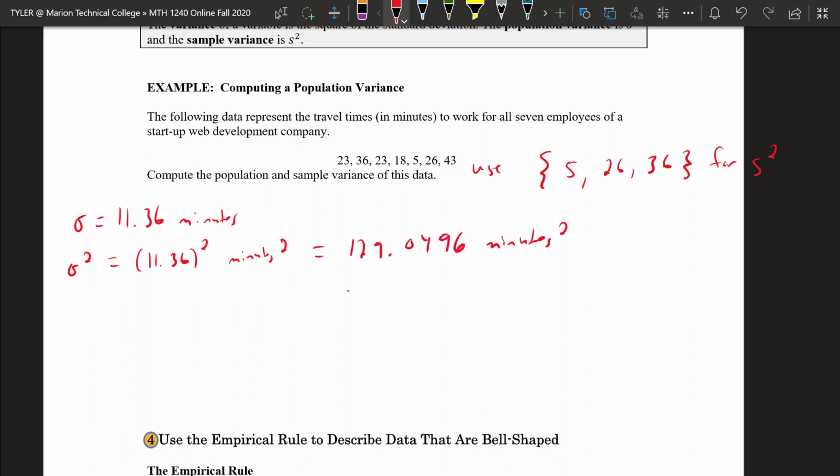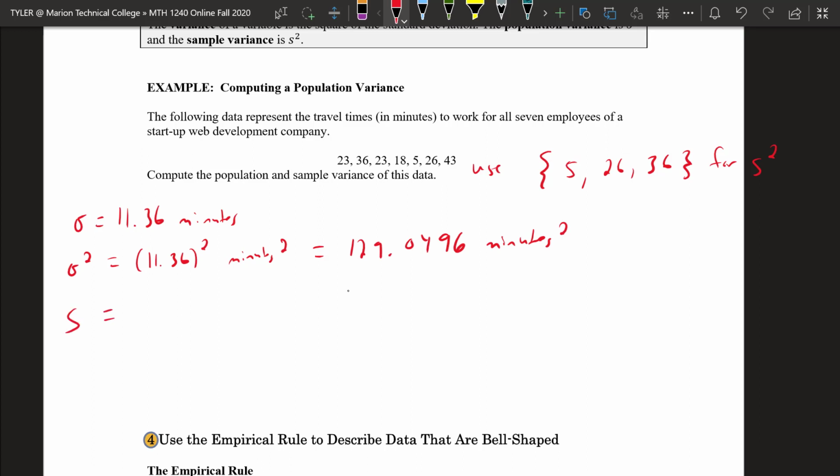Notice the units are whatever units you started with, squared. That makes it kind of awkward to talk about. So that's why typically we don't look at variance all that much. We normally just look at standard deviation, so that it's in the same units as your data. It makes it feel a little more meaningful.